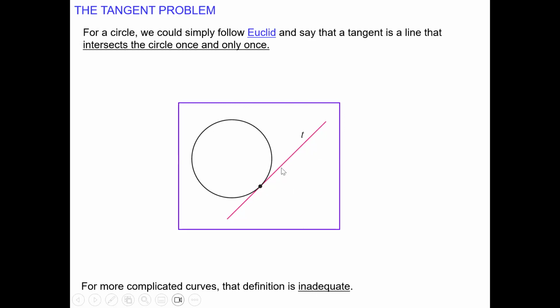But for the circle, we can definitely use this. We have this intuition that the tangent intersects once, has one point in common with the curve.